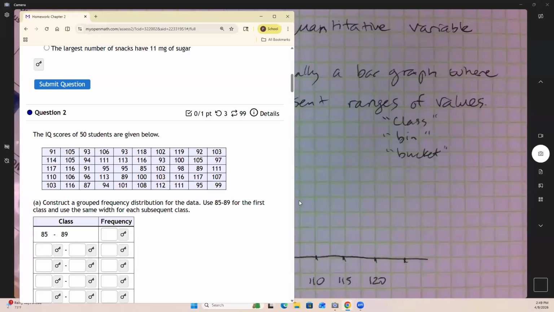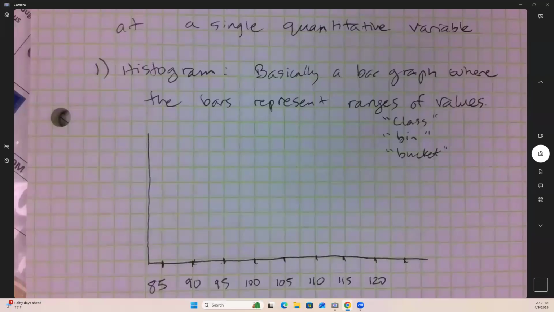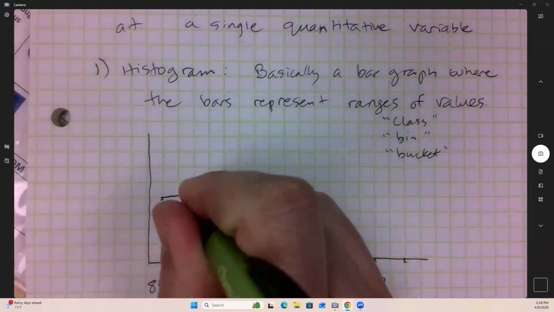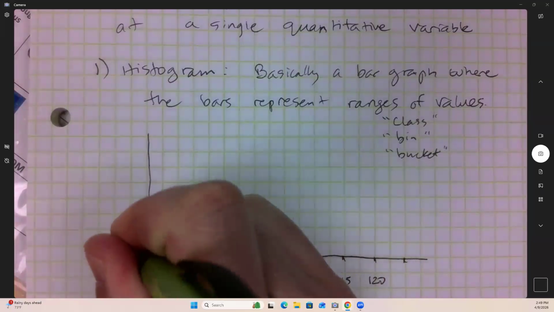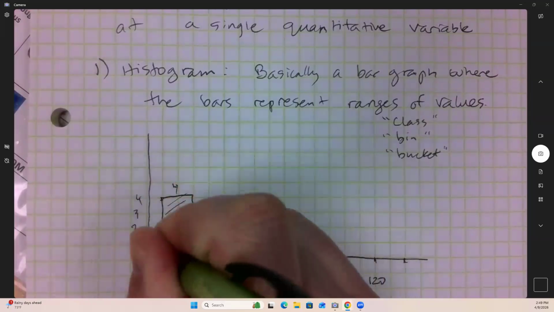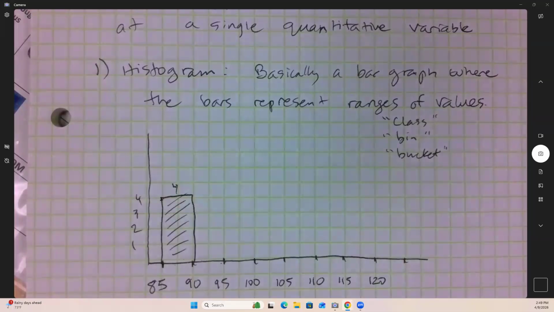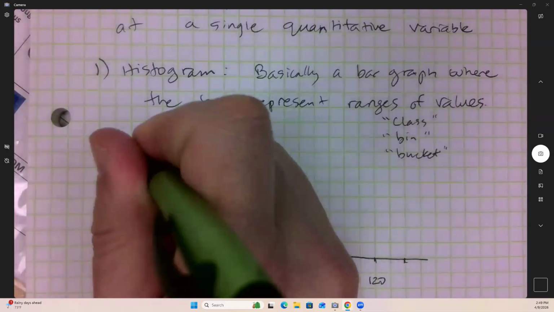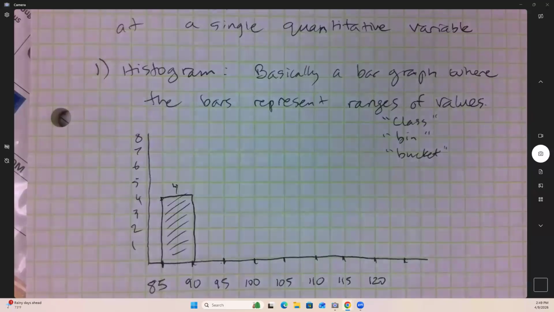I see 4. Anybody see more than 4? Okay, I see 4. So we make a bar that's 4 high. That kind of implies what our scale can be. And it doesn't hurt to put the label on top. I might have to extend vertically.